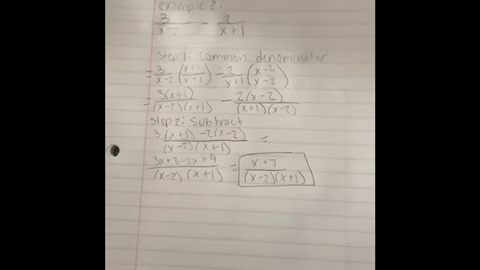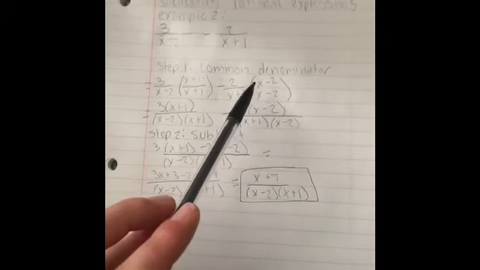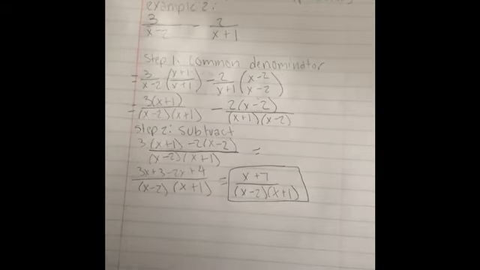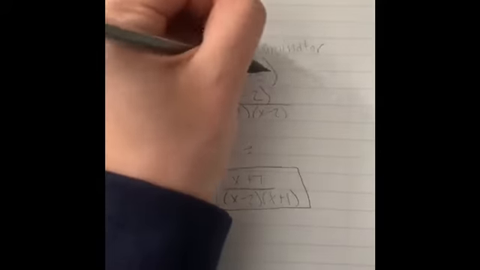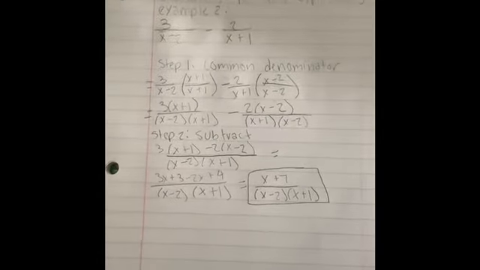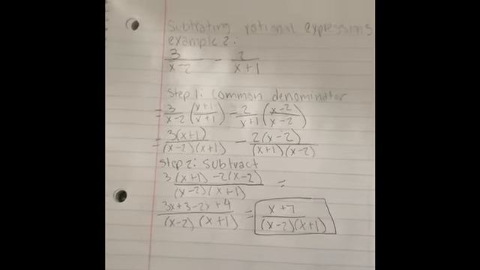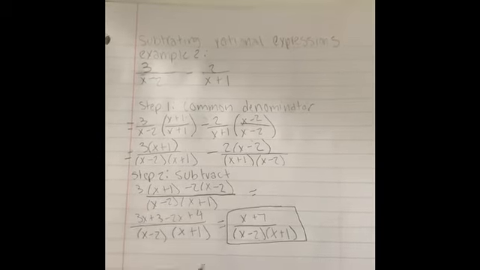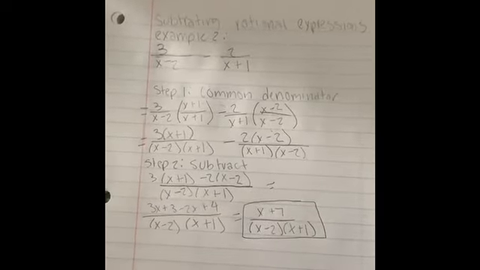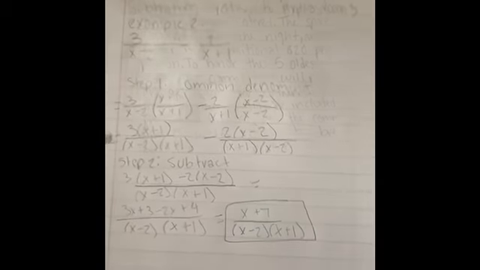The second fraction, you do it by x minus 2 divided by x minus 2. And you get this. You then subtract your problem and you simplify it to x plus 7 divided by x minus 2, x plus 1.